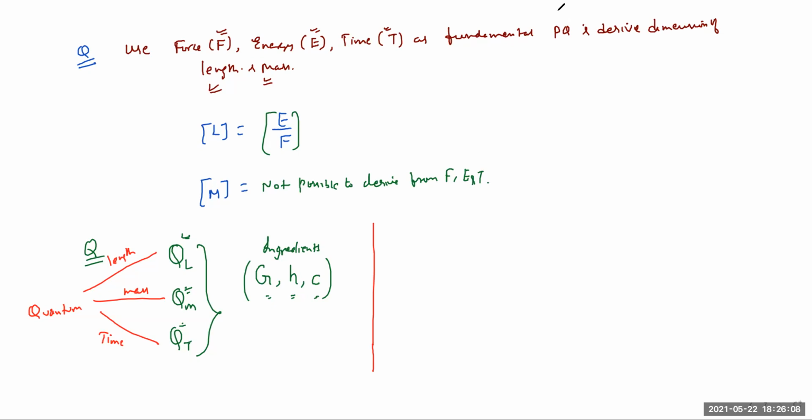C is the speed of light. G, you know, H is Planck's constant, C is the speed of light. So for speed of light we can directly use velocity. Yeah, for speed, of course, we have to use velocity.